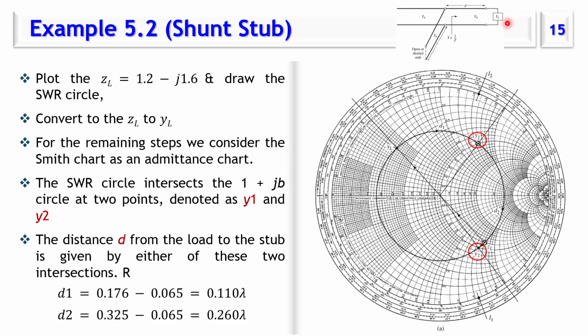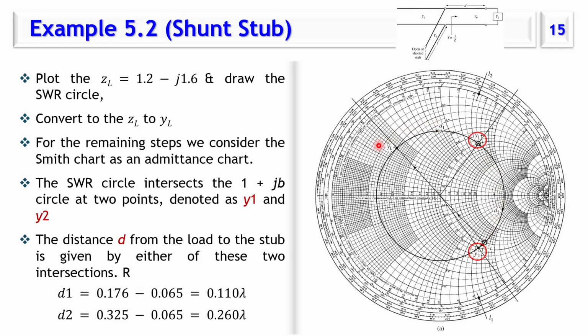So we have ZL, but because it is shunt, we need to move to admittance. So we can put Z load, this is the relative load impedance, which is here. So we'll take ZL at this point.